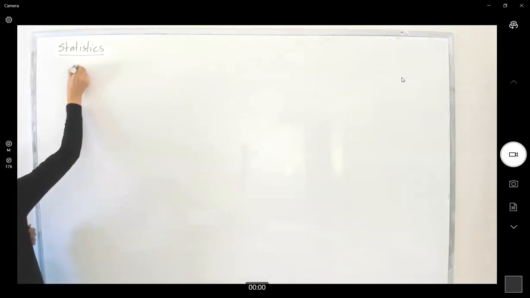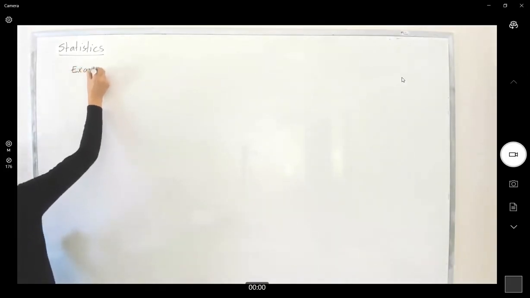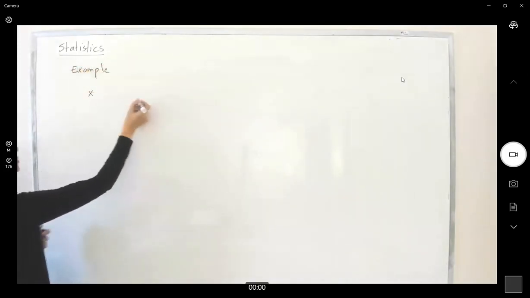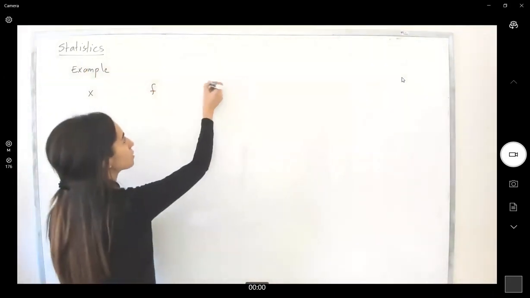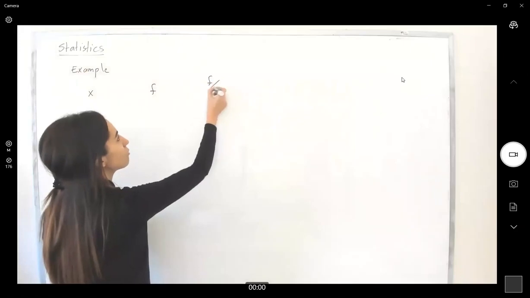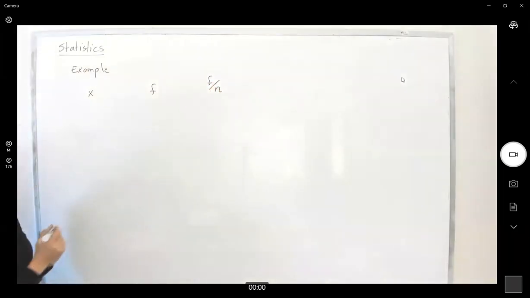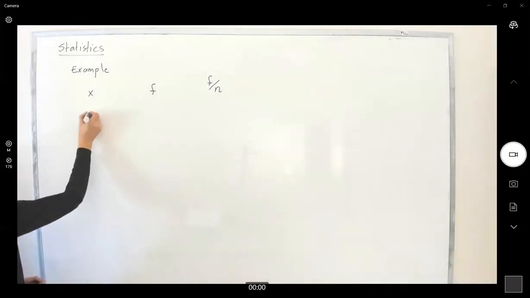So in this example, our X is given. The frequency of X is given. We're finding the relative frequency, which is F divided by N. X is equal to 1.